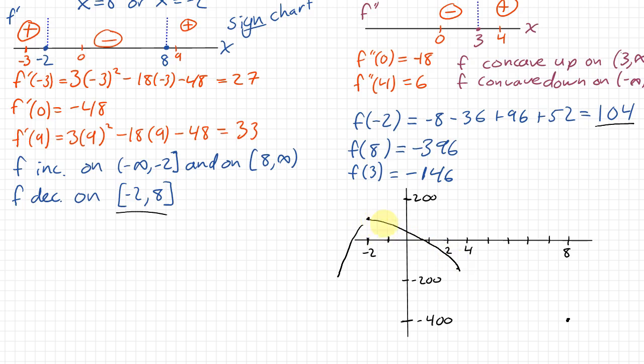So something kind of like this. Let me start over. I'm going to try to go from this point over to here, and then it should have that point there, and then be concave down afterwards. Okay, so that part looks okay. Increasing, then decreasing, and concave down all the way. And then it needs to be decreasing until we get to this point, and then start increasing again.